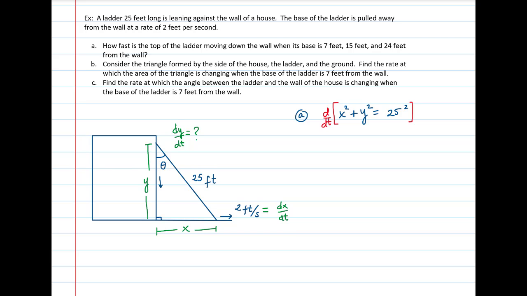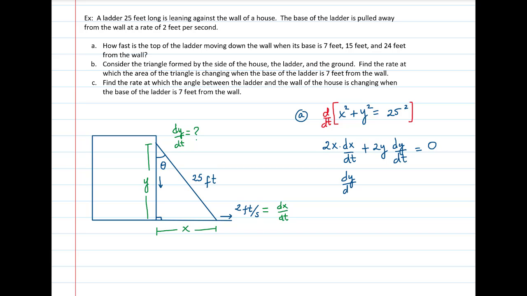Think of x and y as functions of t, so that when we take the derivative, you apply the chain rule. The derivative of x squared is 2x times dx/dt, and similarly for y squared, the derivative is 2y times dy/dt. Now 25 squared is just a constant, so the derivative of a constant is 0.